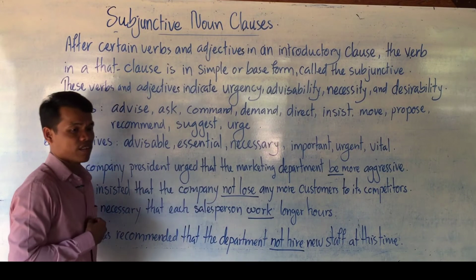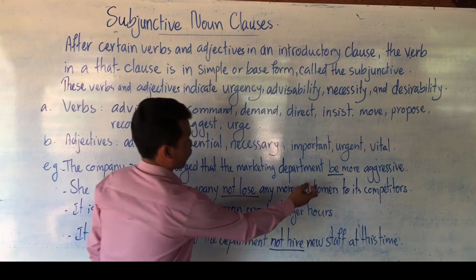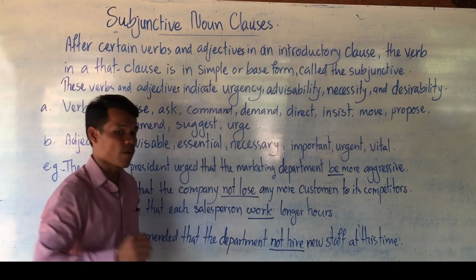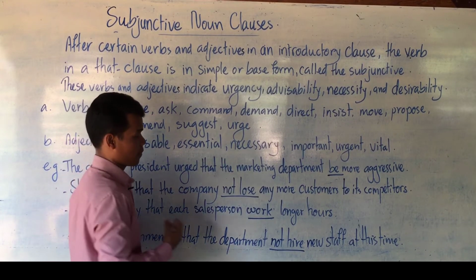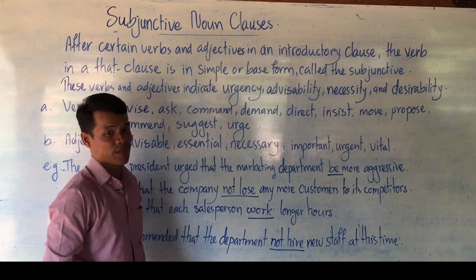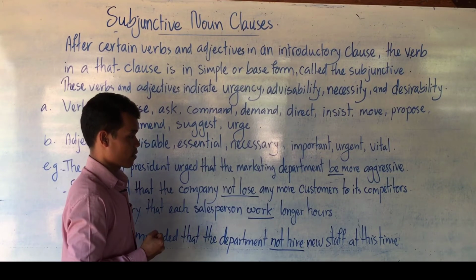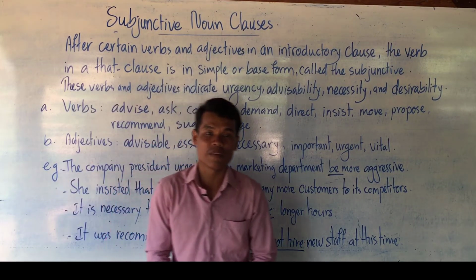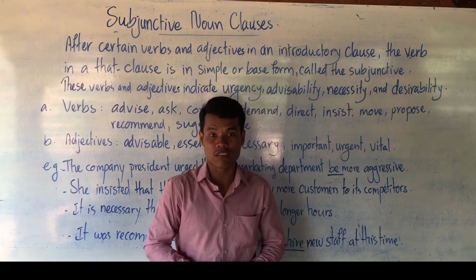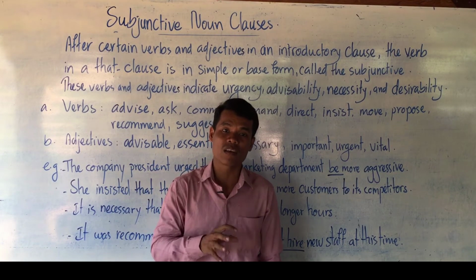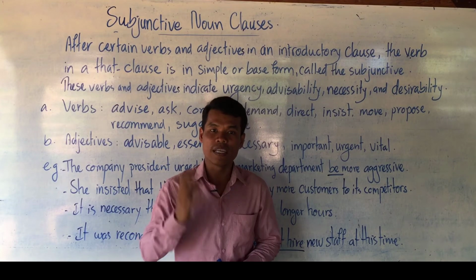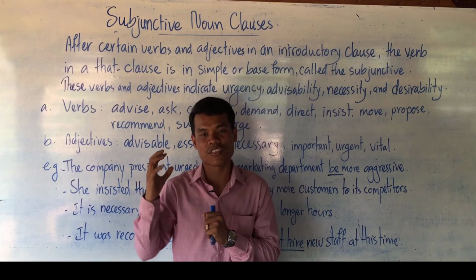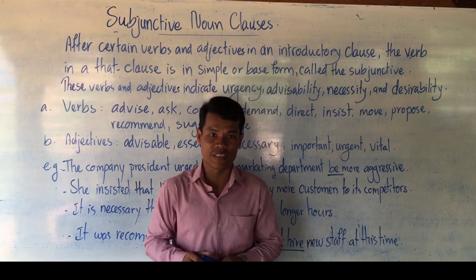It can be reasonable as well because we see only base form, and base form comes after should. Should is a modal auxiliary verb. It is also feasible in this clause. Does it make sense, everyone, for subjunctive noun clauses here? So a subjunctive noun clause does not occur in any sentence actually. It occurs with certain verbs and adjectives.